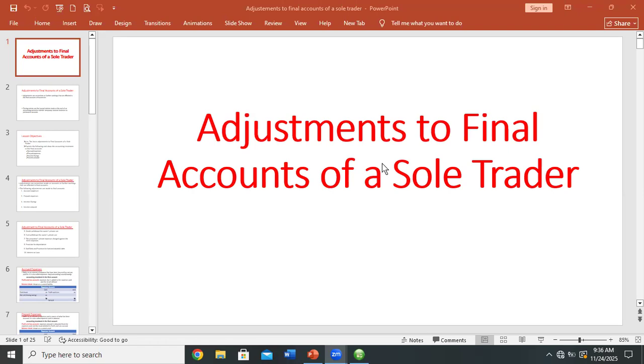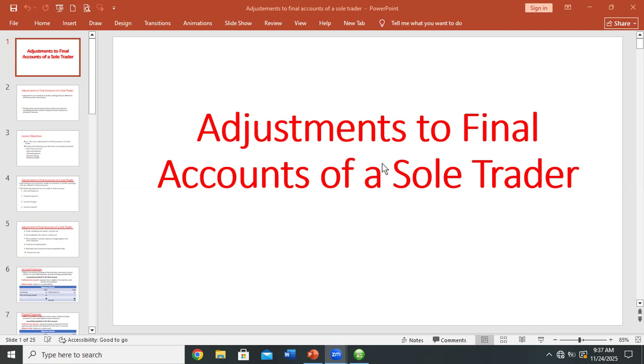Today I want to continue the final accounts, but specifically we are looking at adjustments to the final accounts. So what we are basically going to do here is, it does happen that sometimes certain things might not have been added to the final account while we were doing the double entry.